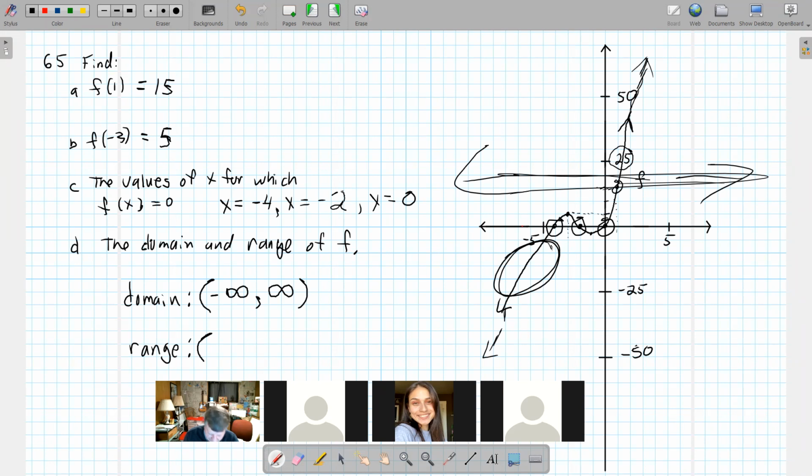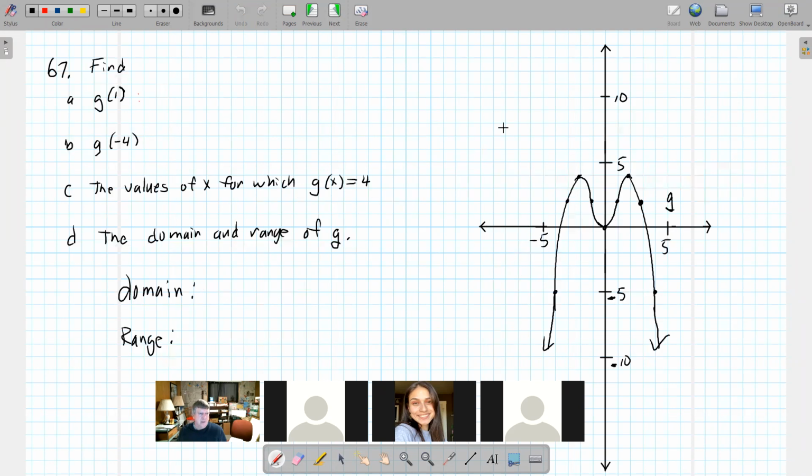So negative infinity and infinity? So the domain and range are both all real numbers. You seeing that? Any questions, anybody, before we go on to another example?